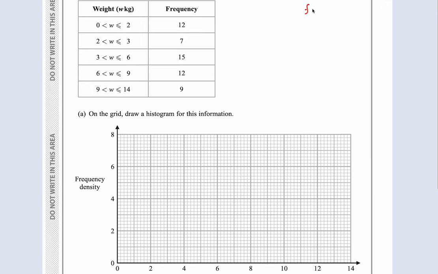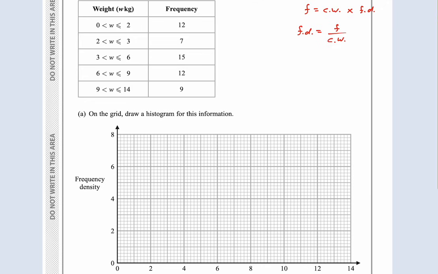F is equal to the class width, which is the length of this, times the frequency density, which means the frequency density is equal to the frequency divided by the class width.